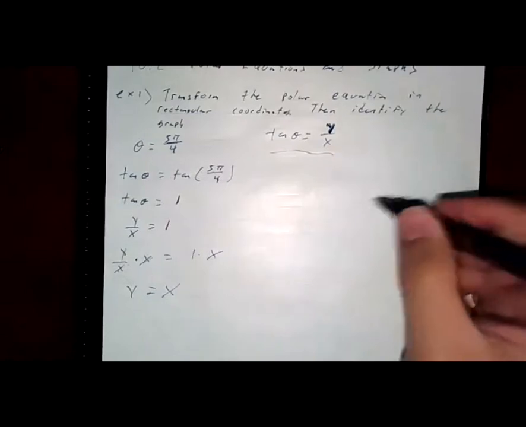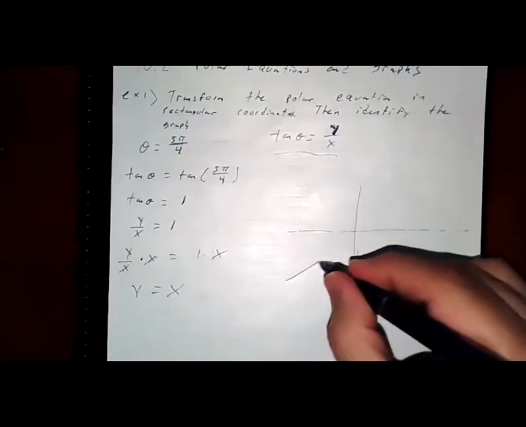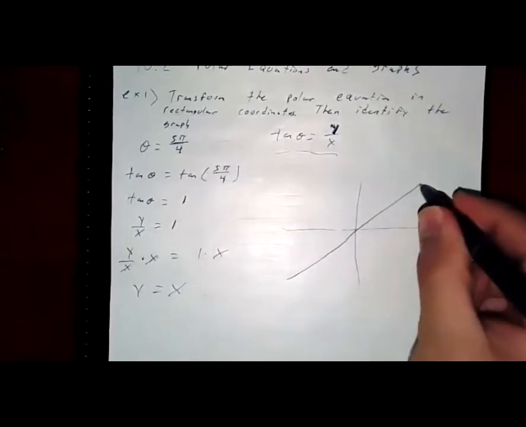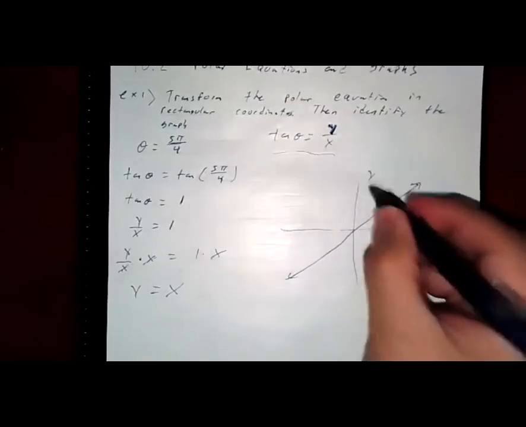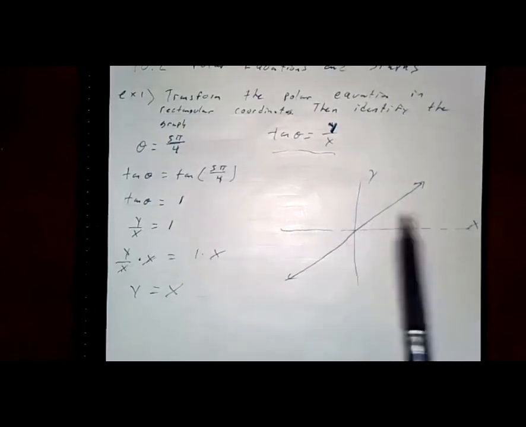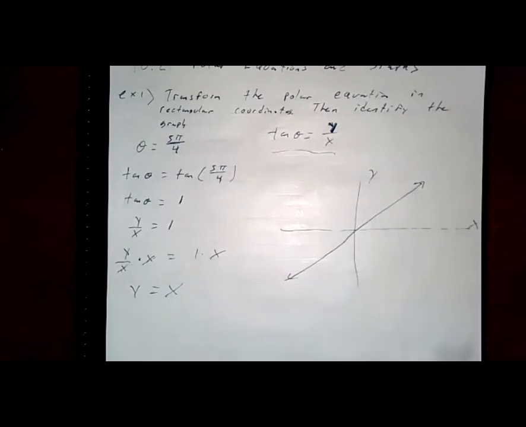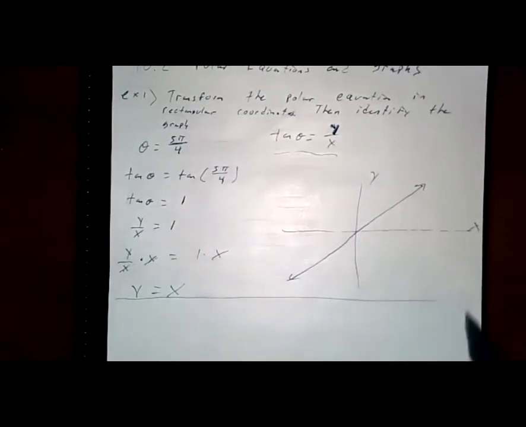So this would look like this. So there's the equation and the graph, just a line. Are there any questions on example 1? What we did?